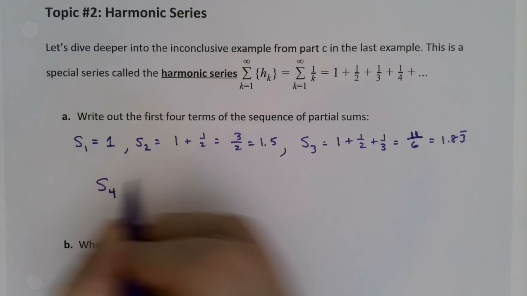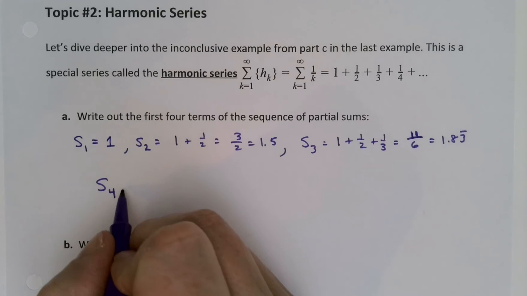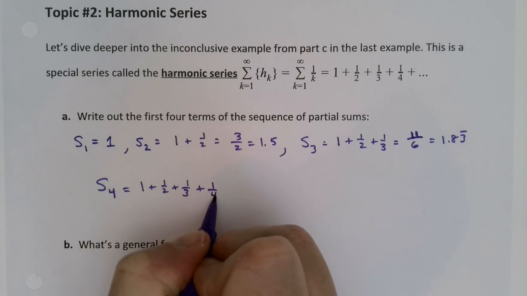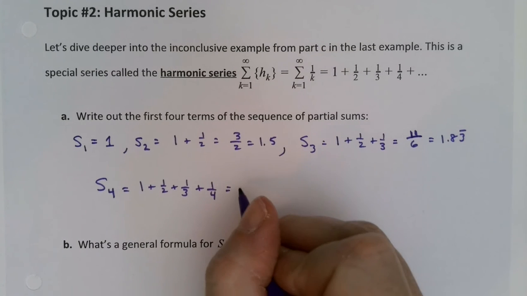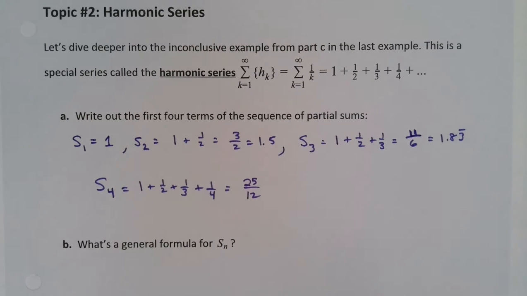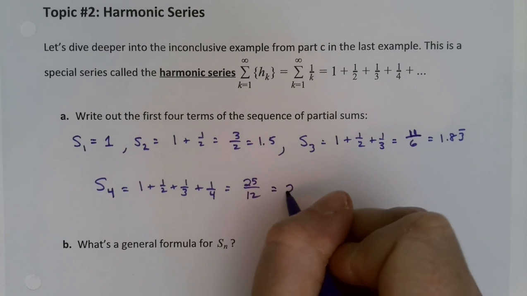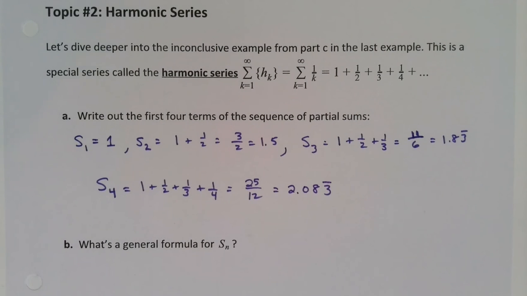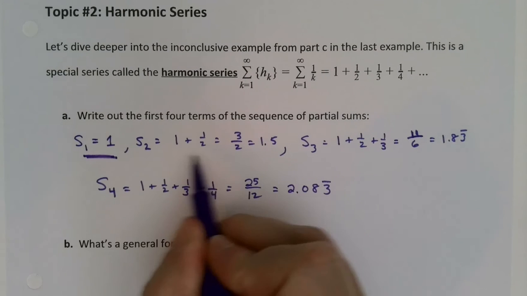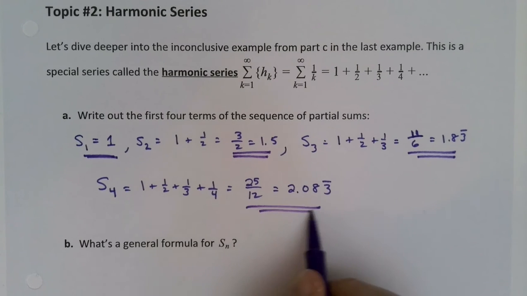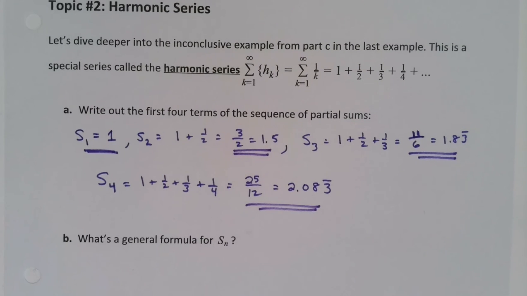S sub 4, the first 4 terms, would be 1 plus a half plus a third plus a fourth, which would be 25 over 12, because 12 is the least common denominator there, which is 2.083 repeating. So that's what partial sums are. There's the first one, the second one, the third one, the fourth one. So we're making a sequence of the partial sums.